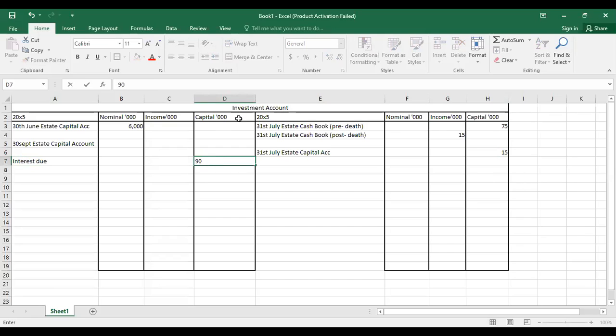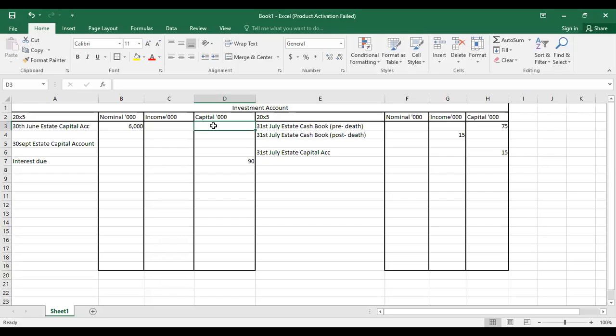So suppose we are to close the books, what will be capitalized? We've been told that the capital, the assets held are worth 6 million, quoted at a low of 86 and a high of 88. So what will be the fair value?